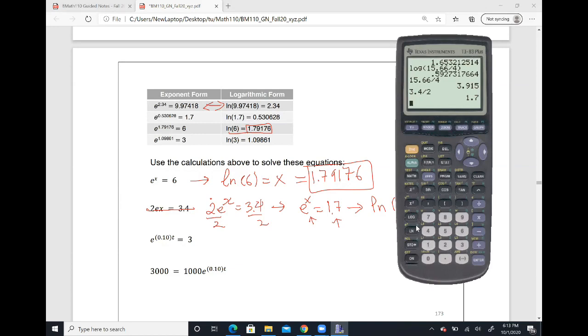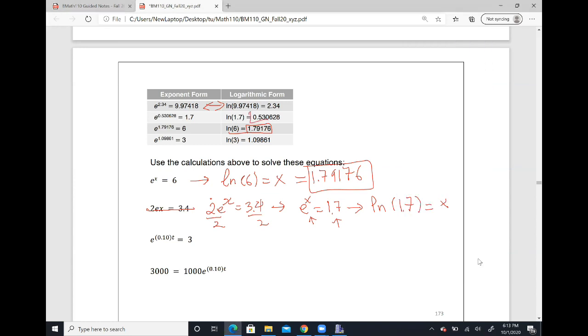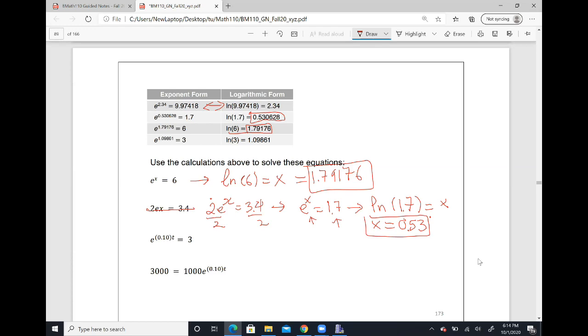Remember that ln is here, right? ln 1.7 equals 0.5306. So I know that x equals 0.53. I'm just gonna stop at 2 decimals.